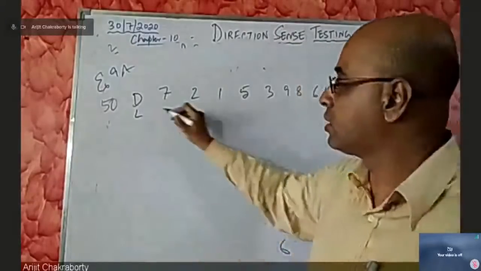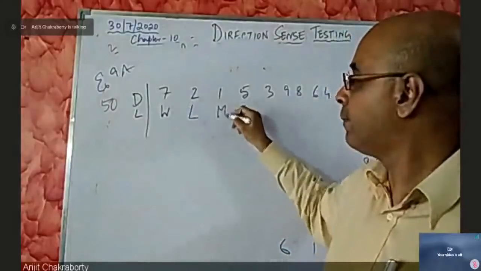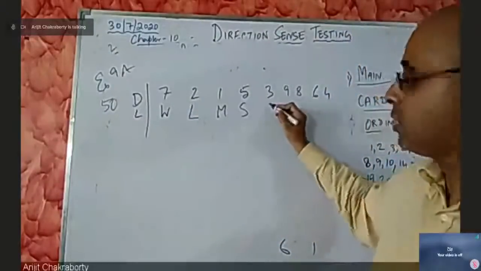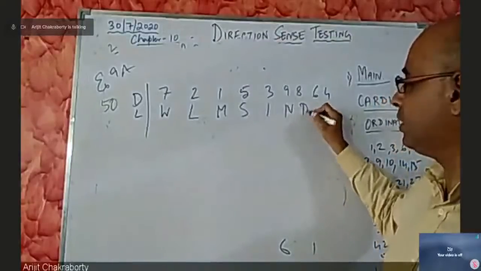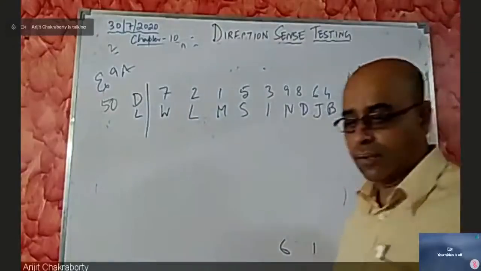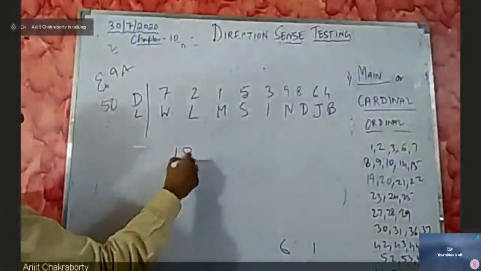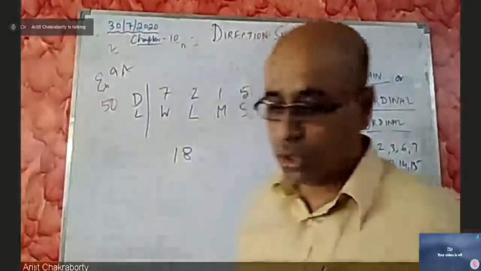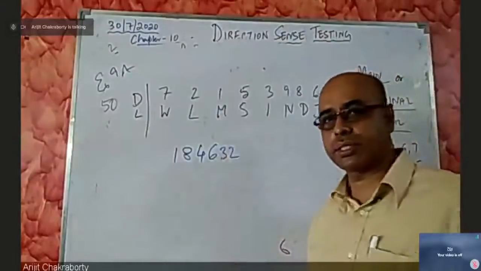The letters are W, L, M, S, I, N, P, J and B. You have to decode the number. A number is given, 184632. You have to decode this.